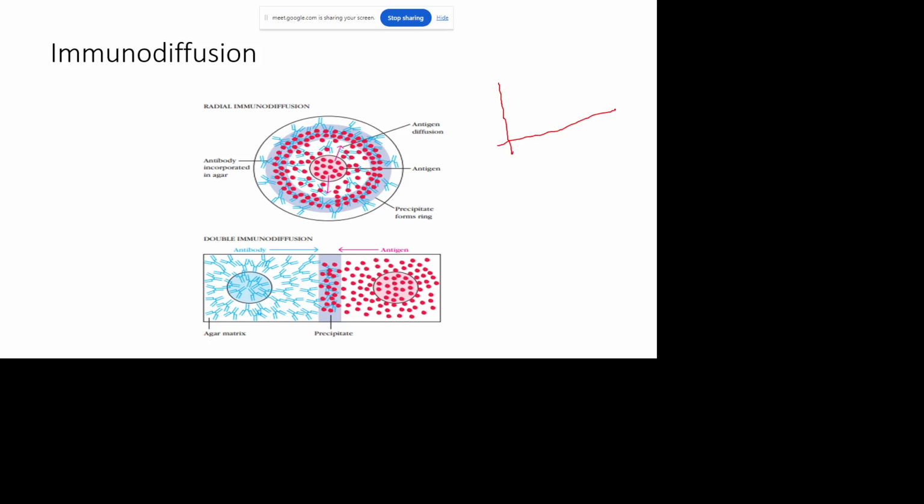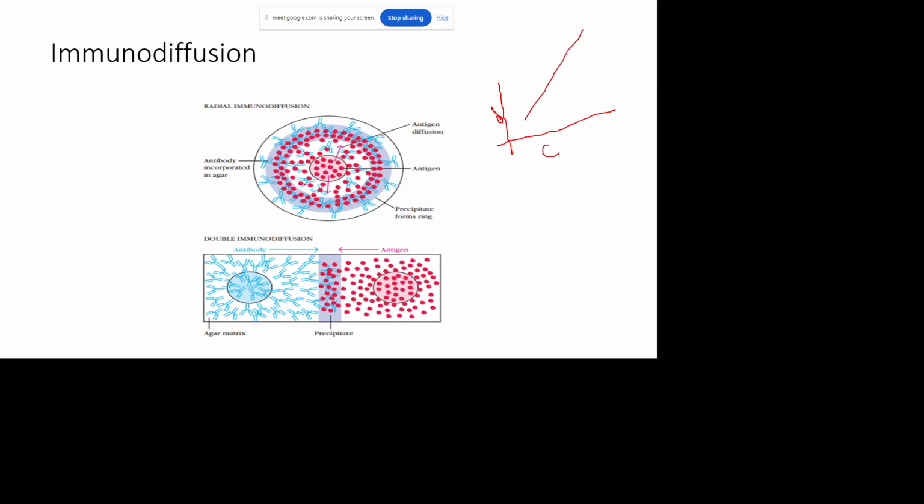On the y-axis you can put the distance, okay, and on the x-axis the antigen concentration, right? So you can plot a standard curve with different concentrations of the antigen. If you increase the concentration, the amount of migration will be more. So you will get a curve like this, right? This is your standard curve.